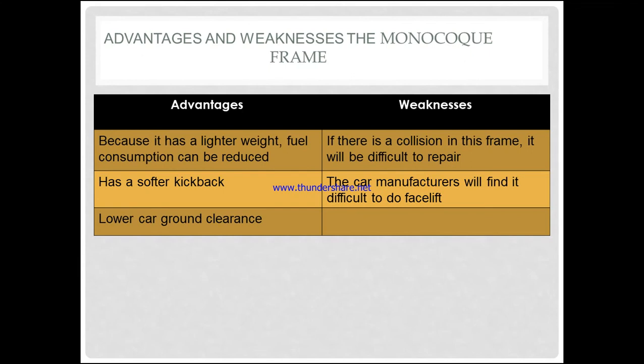And weakness: if there is damage to this frame, it will be difficult to repair, because in this case the chassis is the same as each component of the body itself. The car manufacturer would find it difficult to facelift because they have to change the shape of the frame as well.